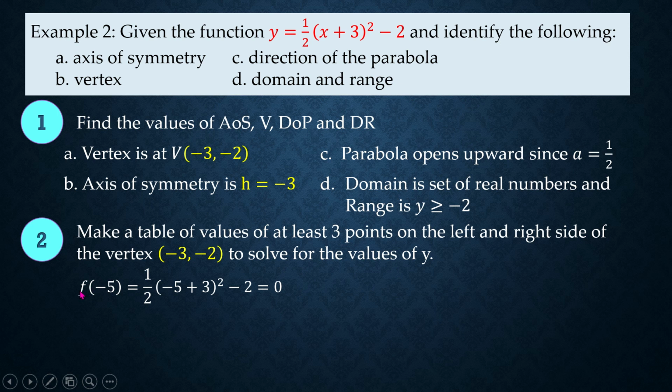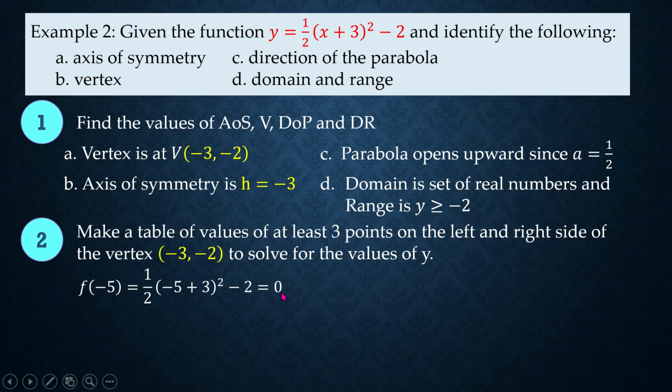If x is negative 5, plug it into the original equation, y equals 1/2 times the square of x plus 3 minus 2. So if x is negative 5, that's equivalent to 1/2 times negative 5 plus 3, squared, minus 2.